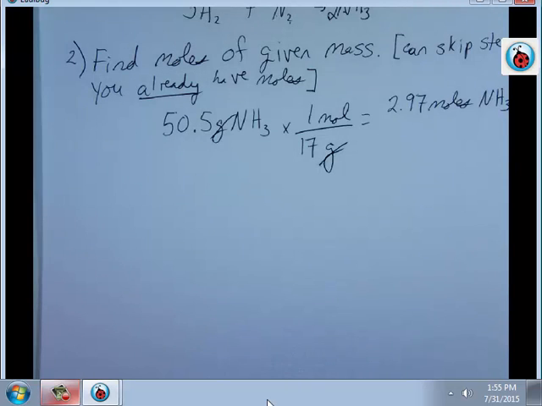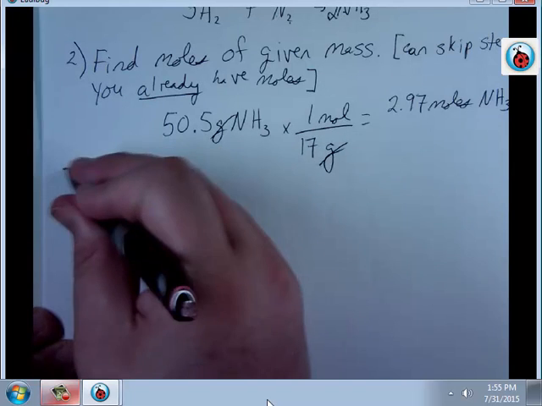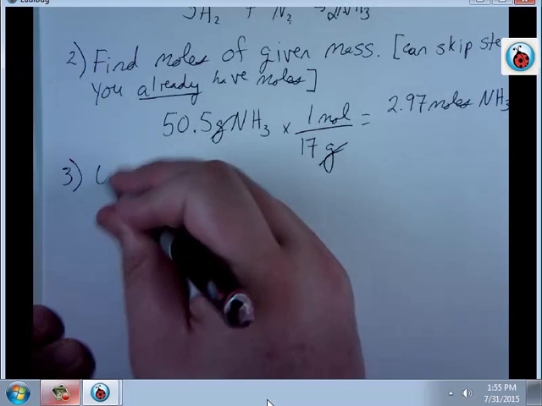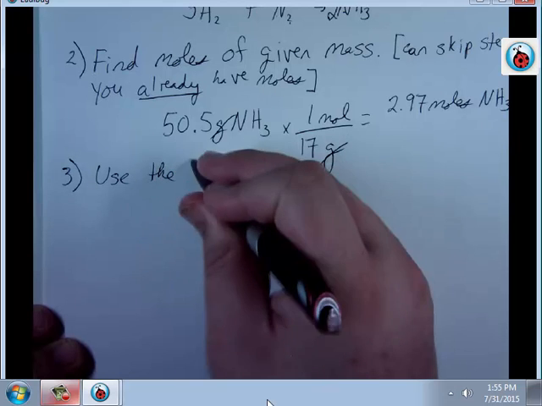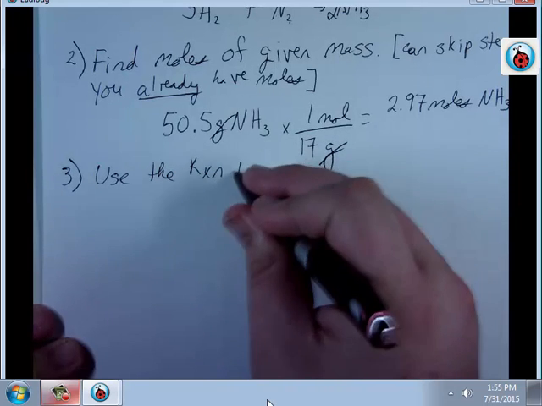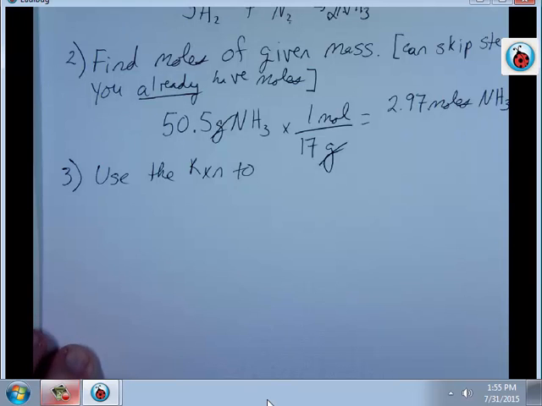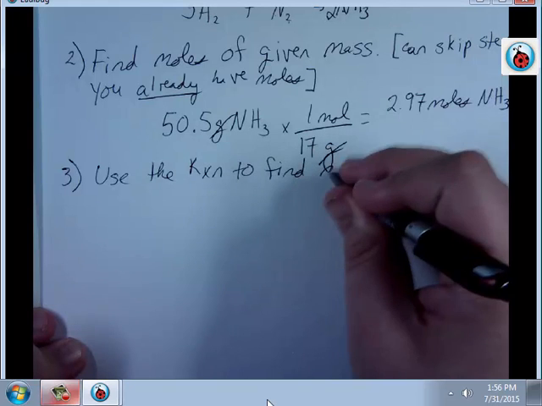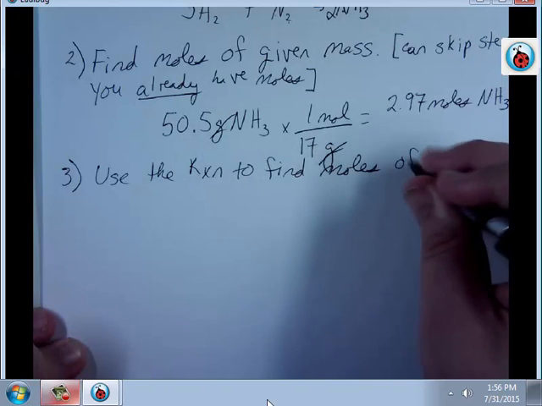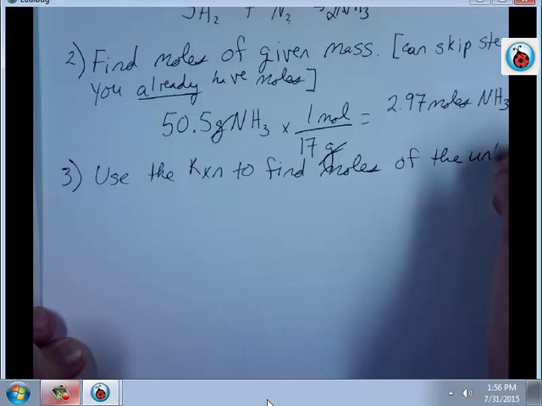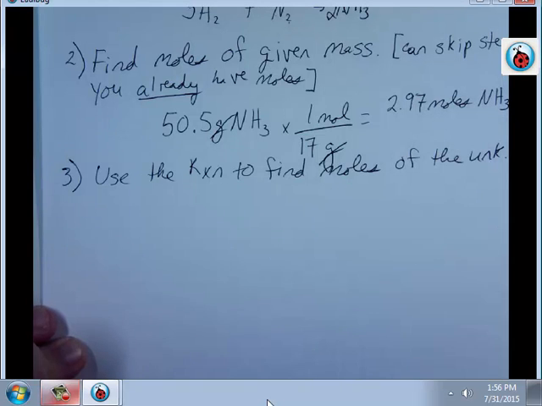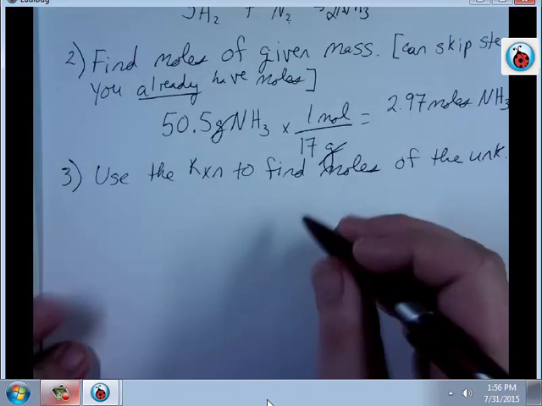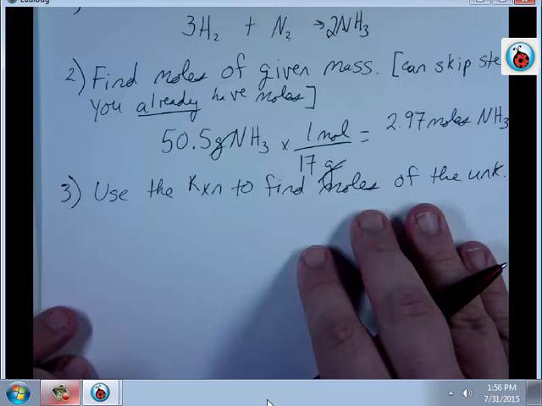Now, what I'm going to do is I'm going to use the reaction to find moles of the unknown. And the way I do that is, let me make sure I got the reaction on the screen here.